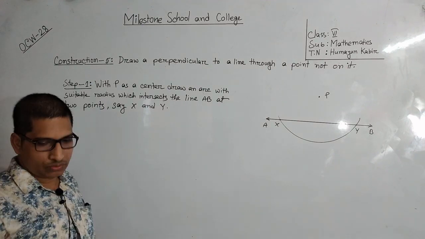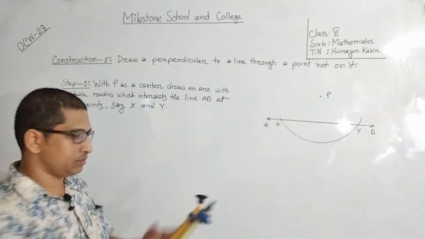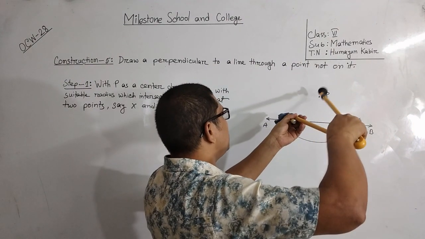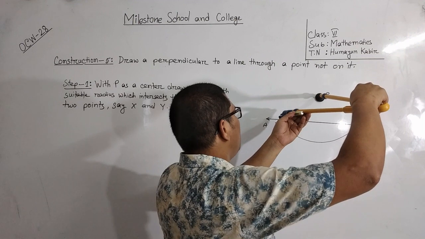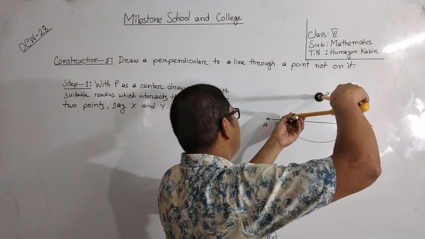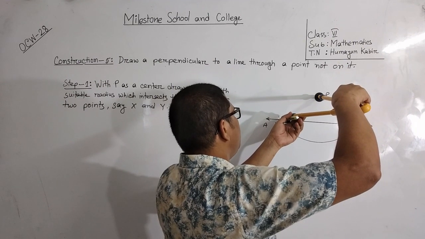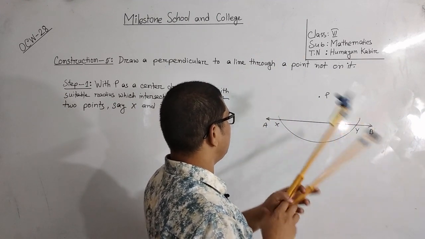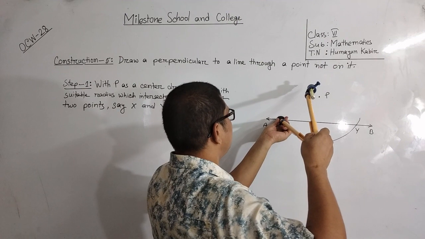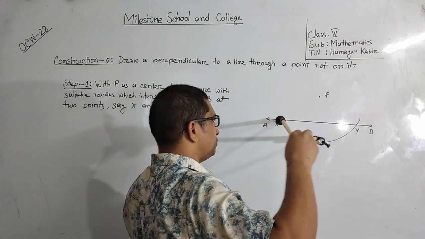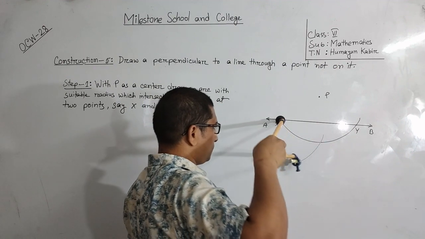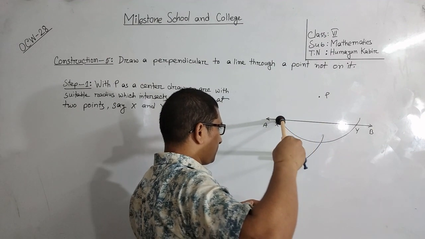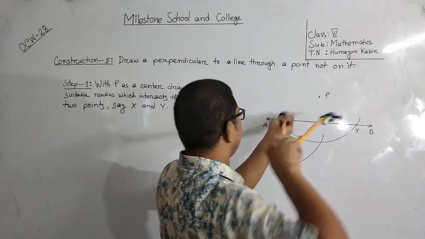So next, what will you do? Taking the same radius, that means the radius equal to xp, taking the same radius, x as a center, draw one arc.